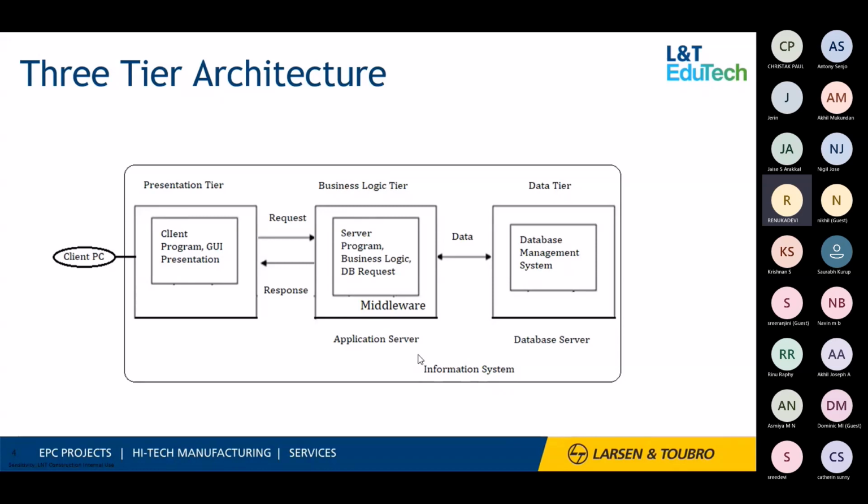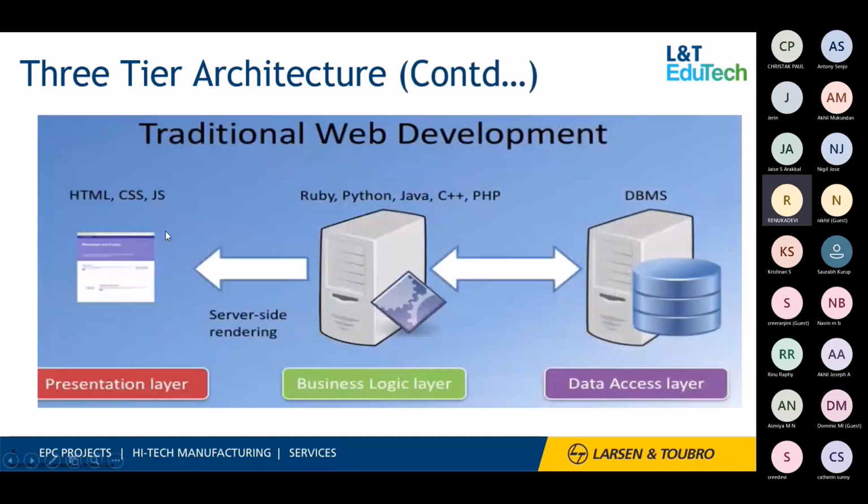This is how the three-tier architecture works when you post a request and the request is responded to. In the front end we use HTML and CSS. HTML is used for giving the structure of the web page, and by using CSS we can make the web page look more stylish.